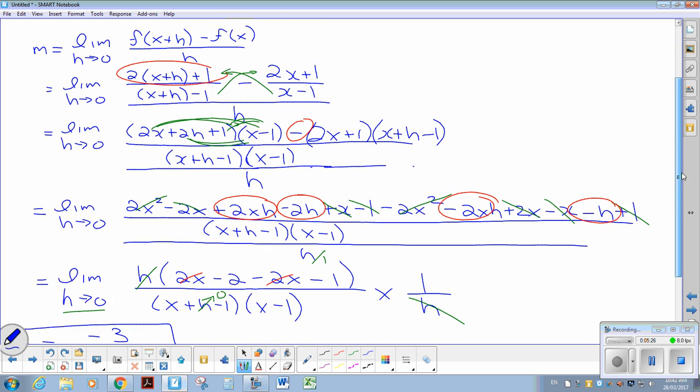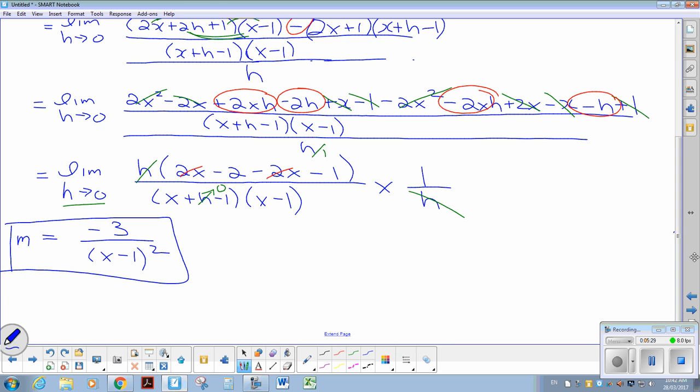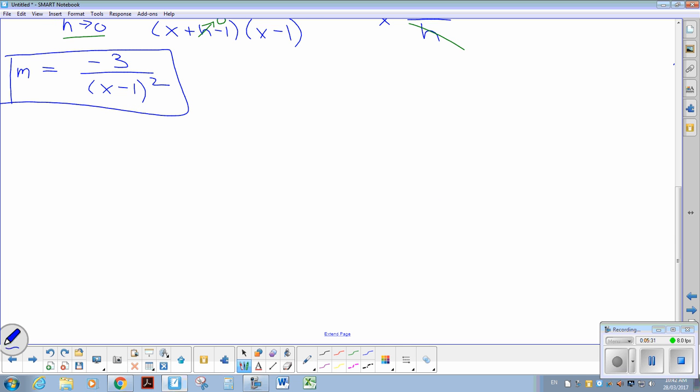So we're looking at the point (2, 5). So now I'm going to find the slope at the point, m would equal negative 3 over x minus, whoops, that's not what I wanted to do. Plug in the right way, Mr. Agar. So 2 minus 1 squared, which means we just end up with a slope of negative 3.